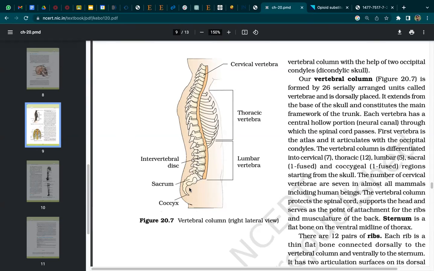So humans and chimpanzees don't have tails, but they have this final end bone, which is the remnant of a tailbone. Monkeys have a fully functional tail, and there this coccyx grows to form the tail.